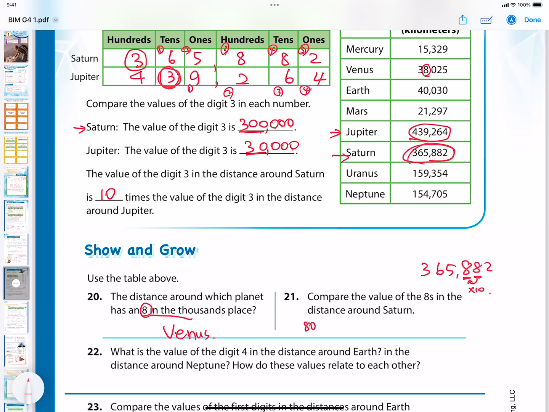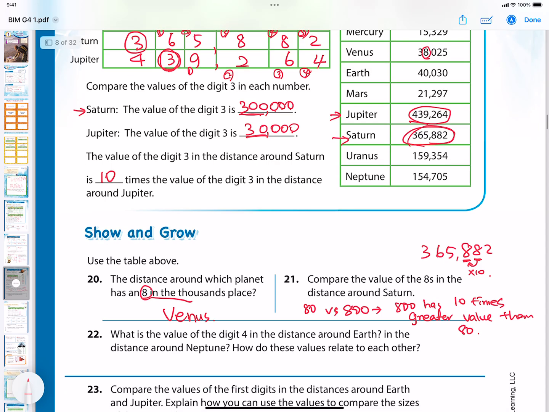The value of 8 in the hundreds place has 10 times greater value than 8 in the tens place. It's too long, so I'm going to say 80 versus 800. 800 has 10 times greater value than 80. Make sense?